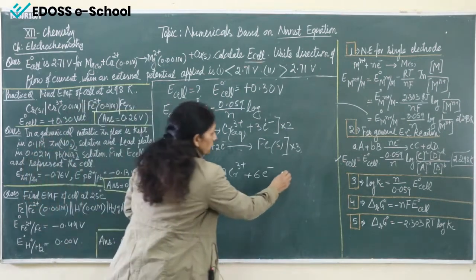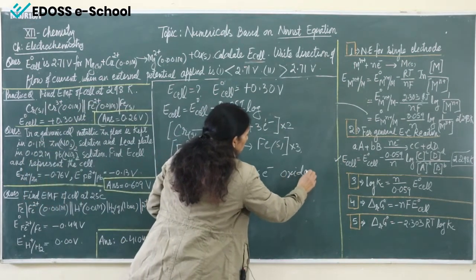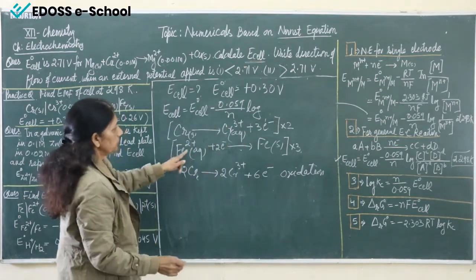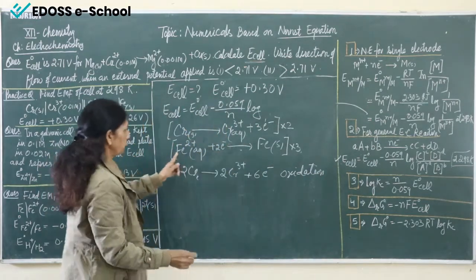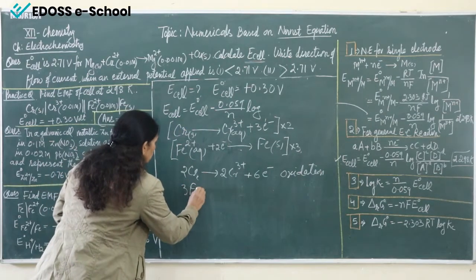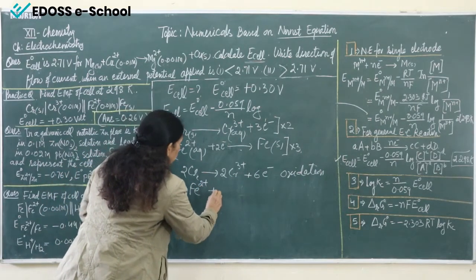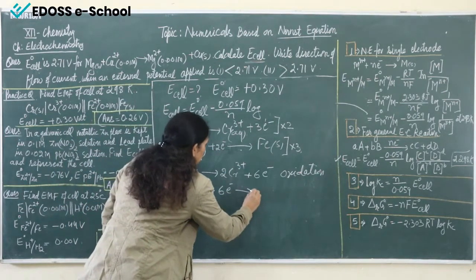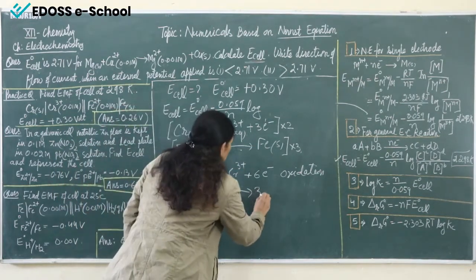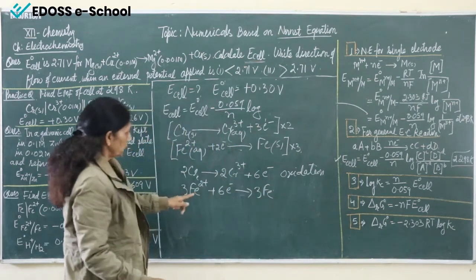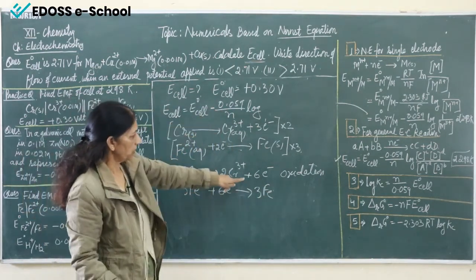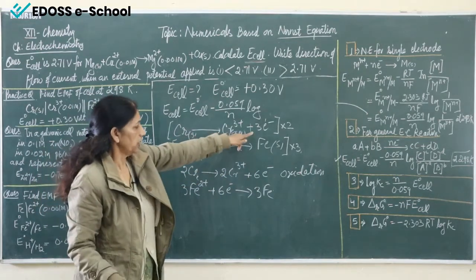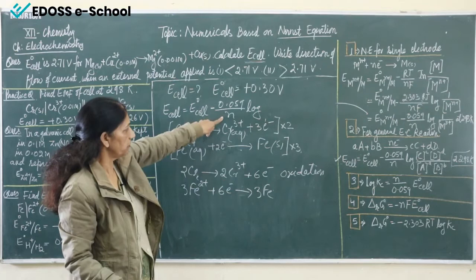This will be oxidation because of loss of electrons. And here it is being multiplied by 3, so it will be 3 Fe 2 positive plus 6 electrons, converting into 3 Fe. So now here you can see the number of electrons involved is neither 2 nor 3, they are 6. So here we will write 6.